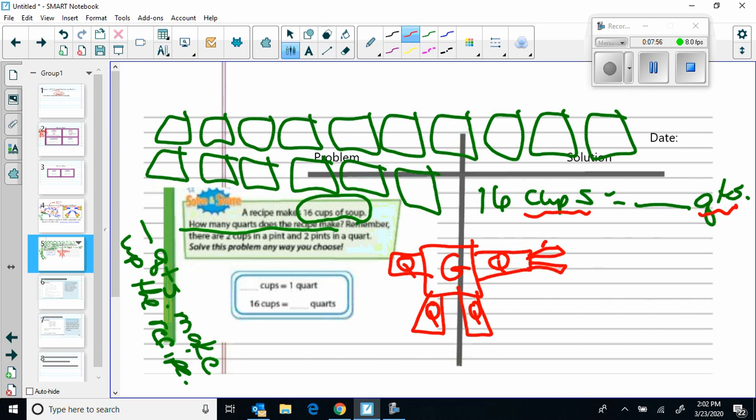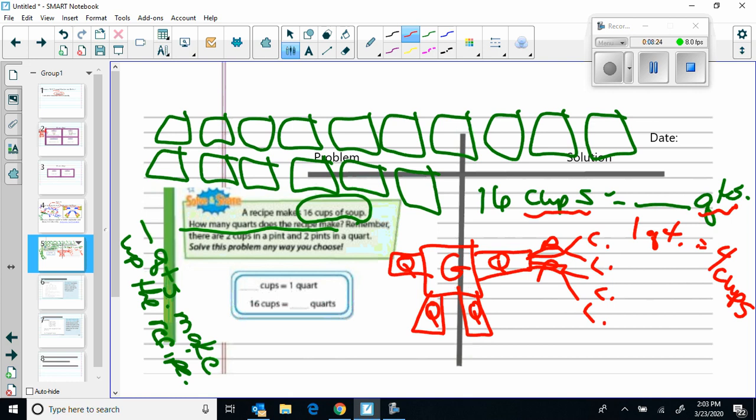And there are 2 pints in a quart, and there are 2 cups in each pint. So how many quarts? What do we know about cups and quarts? Well, we know that there is 1, 2, 3, 4 cups in 1 quart. So we're going to say 1 quart is equal to 4 cups.